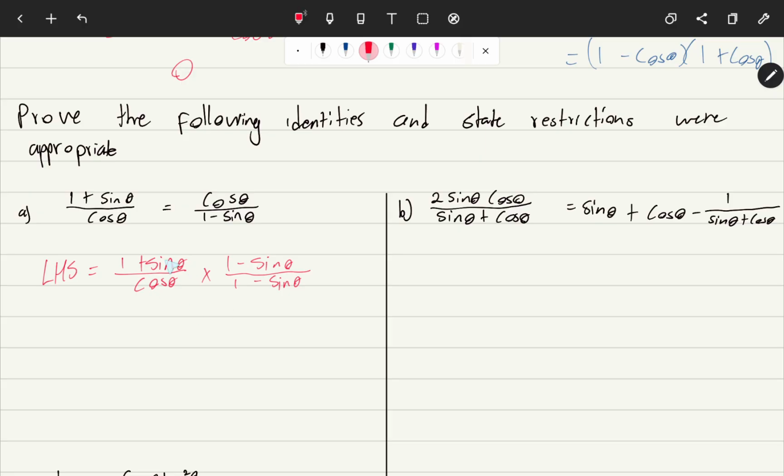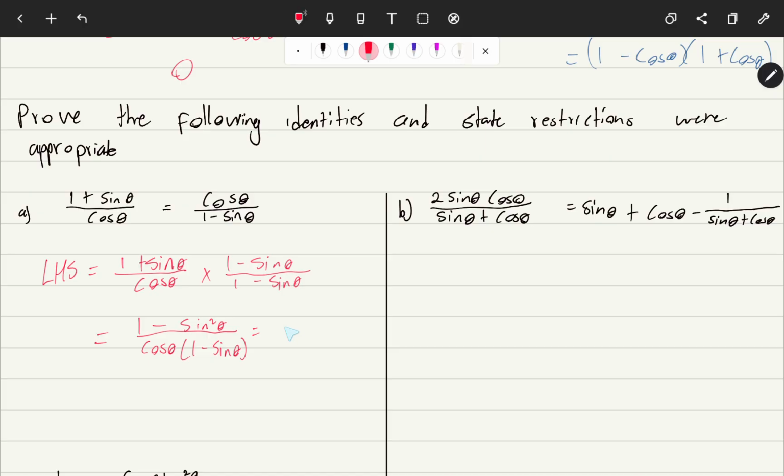After multiplying these, my numerator is a difference of two squares, so it's simply 1 minus sin²θ. And then I have cos theta times (1 minus sin theta).